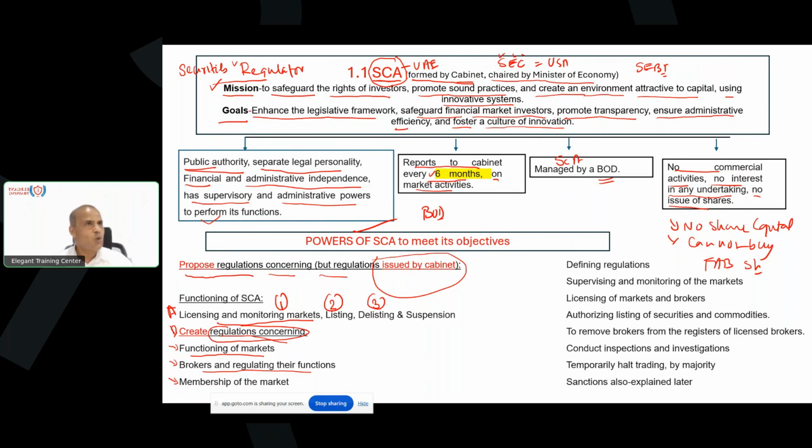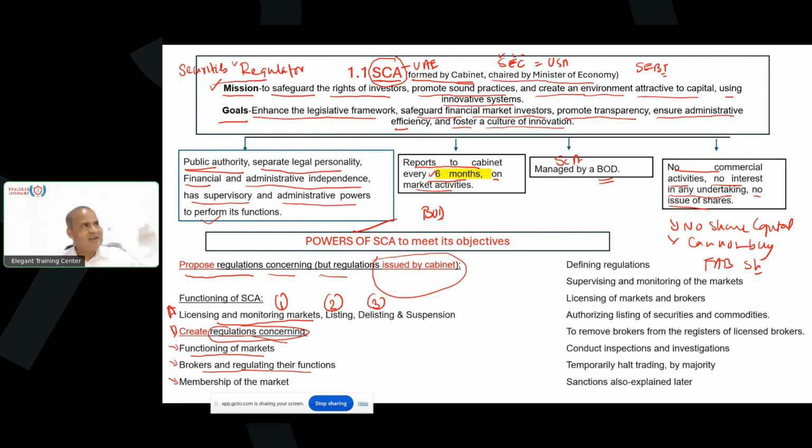So who are the members of the market? Brokerage companies and listed companies. Even insurance companies listed in the financial market. Listed companies and brokers are the members.